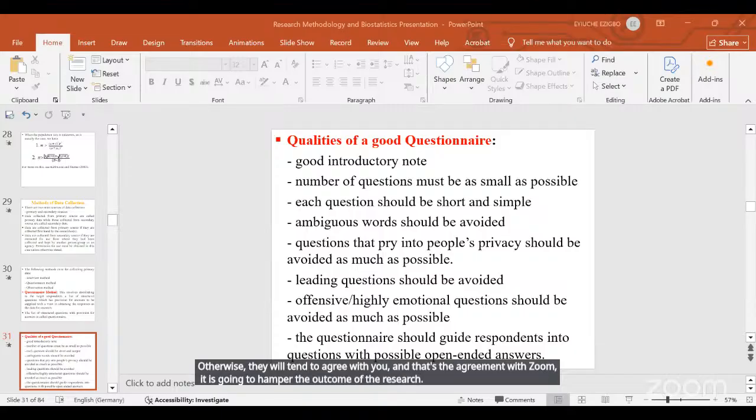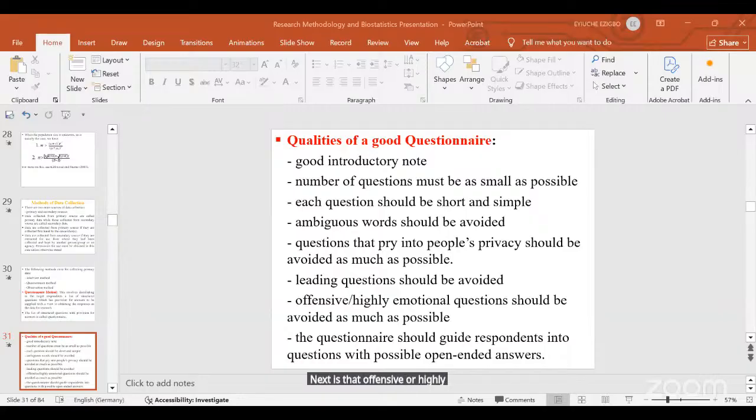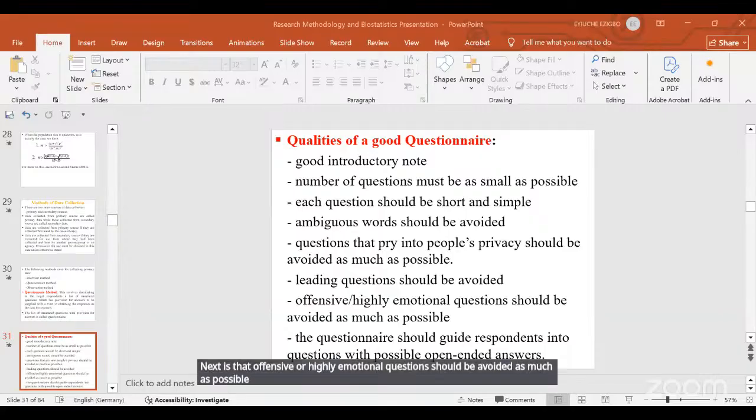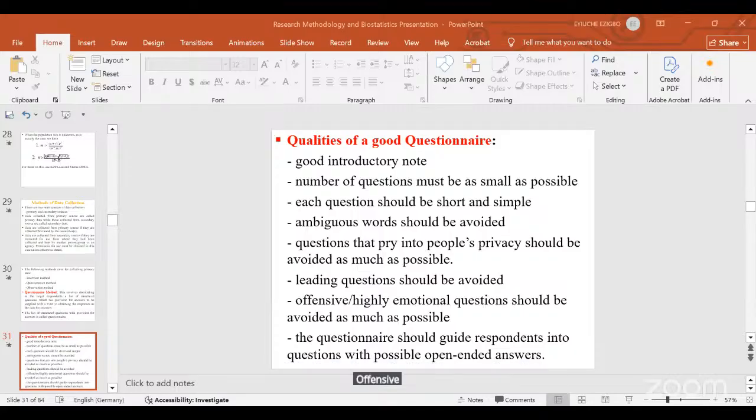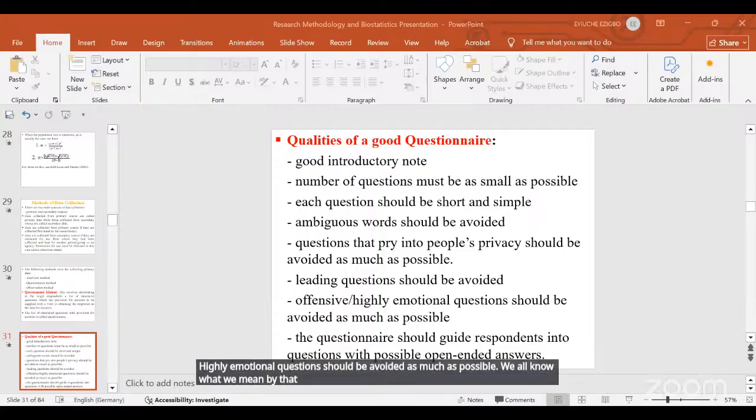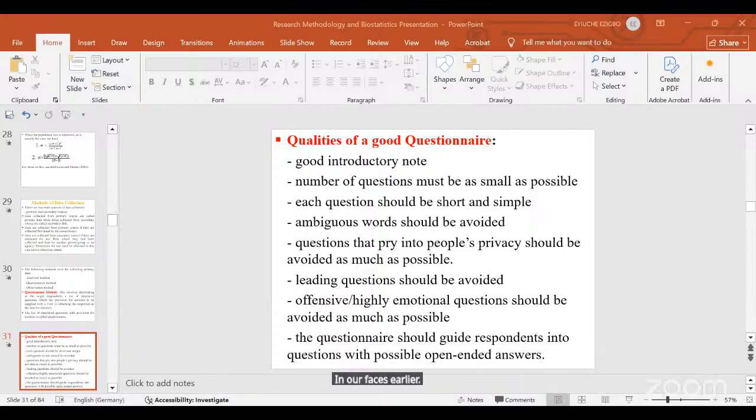Next is that offensive or highly emotional questions should be avoided as much as possible. We all know what we mean by that. In your questionnaire, you are asking offensive questions, something that will make your participant get offended.